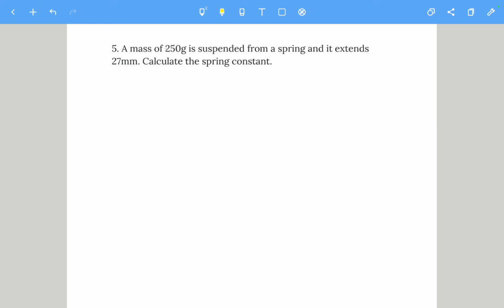So this one, a mass of 250 grams is suspended from a spring and it extends 27 millimeters. Calculate the spring constant. So the equation is F equals KE, so force is spring constant times extension. And the mass is obviously providing the force. So with the 250 grams, we need to convert that into weight.